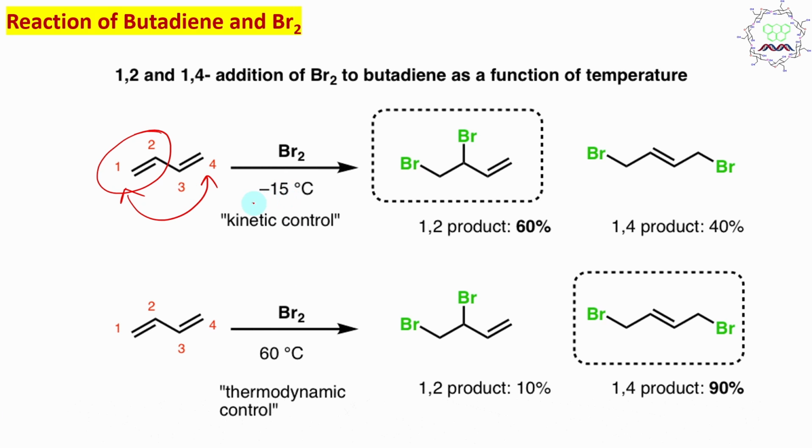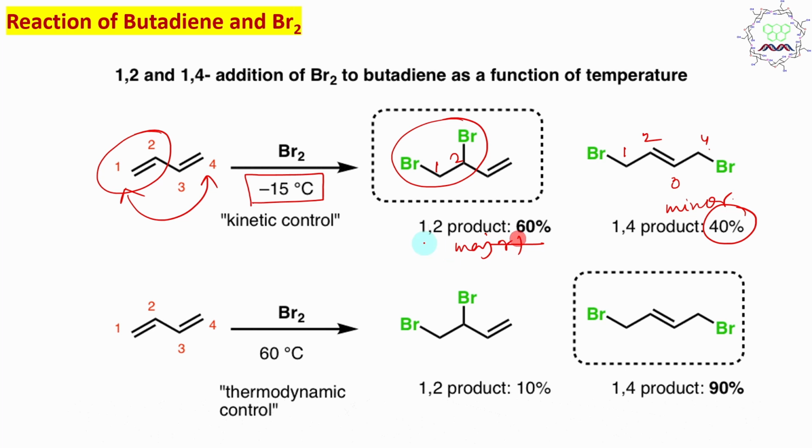If you take a low temperature, like minus 15 degrees centigrade, it produces 1,2 addition as the major product. I mean this one. This is 1, this is 2. And 1,4 addition is also possible, but that is comparatively less. So this is minor, this is major.